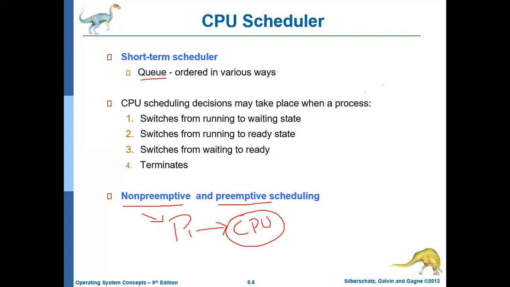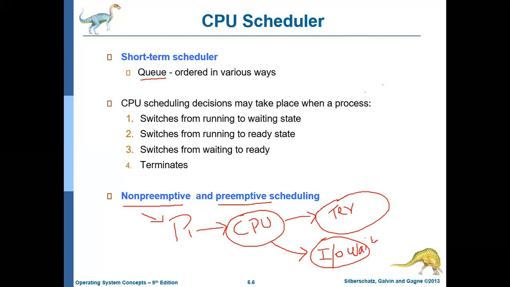Until the process either terminates or goes to an IO wait state because it wants to perform an IO operation. Until then, the CPU cannot be taken away. Such scheduling algorithms are called non-preemptive scheduling.